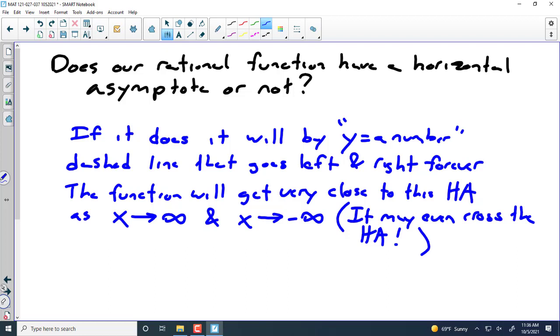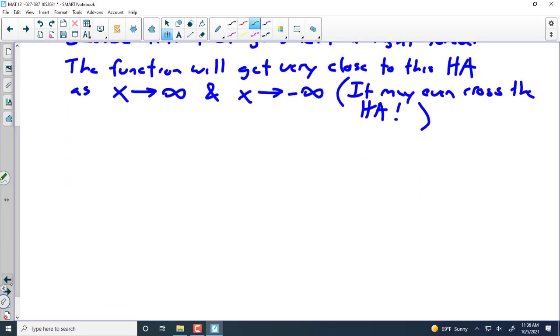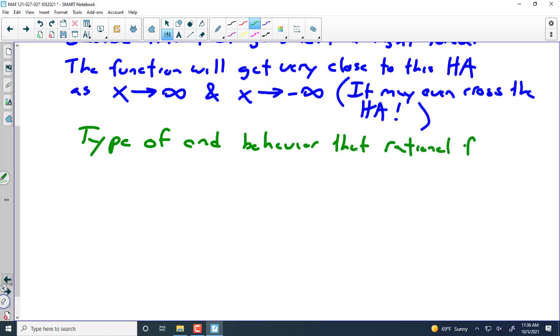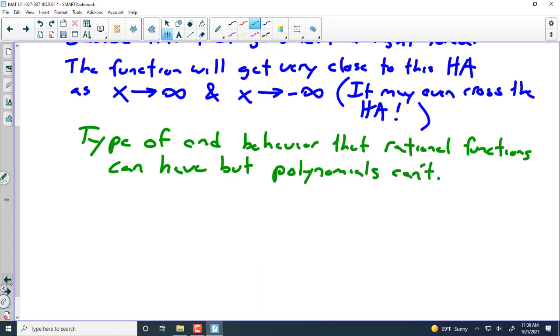So what this is, everyone, is a type of end behavior that rational functions, the ones we're doing today, can have, but polynomials can't. Polynomials didn't have these horizontal asymptotes. We've never talked about them before. But a rational function, the new functions we're talking about today, could have these.